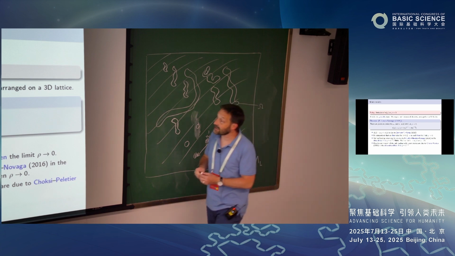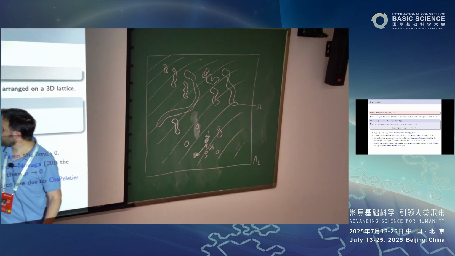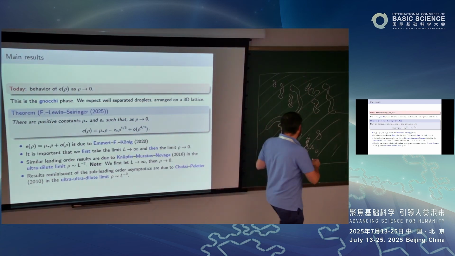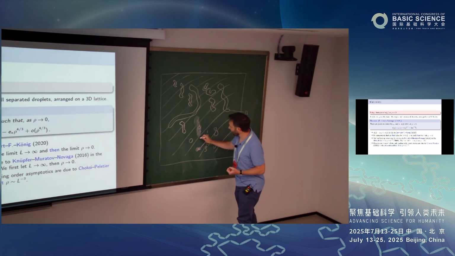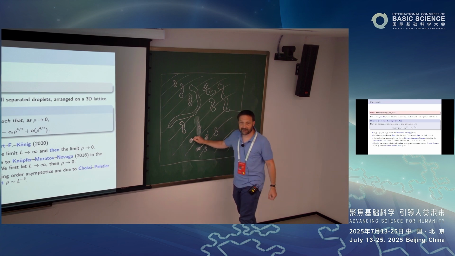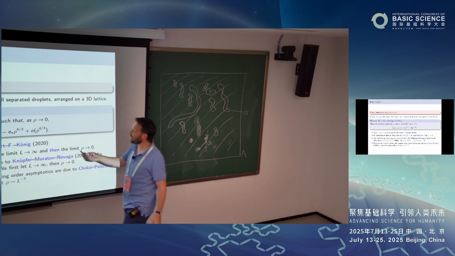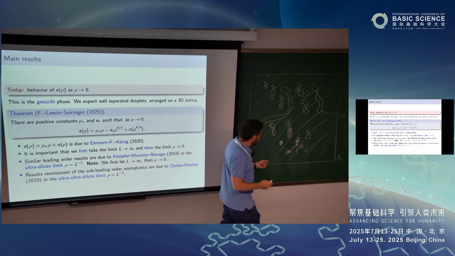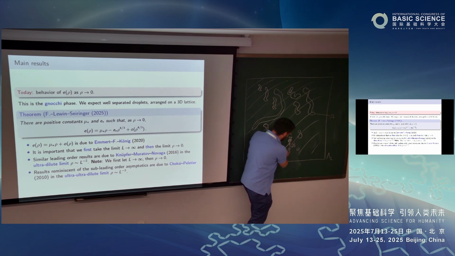And now when I say that we have this energy with this term mu star rho, what I mean is that we can describe the shape of each individual droplet. And when I say that we can get the energy to order rho to the 4/3, what I want to say is really that I can understand the relative distance of the droplets.